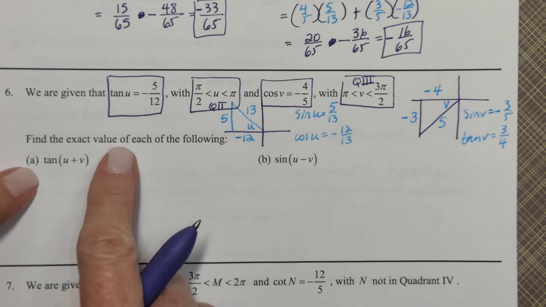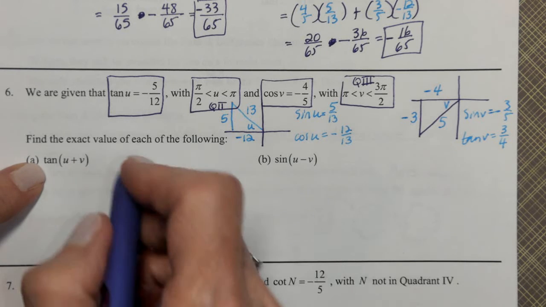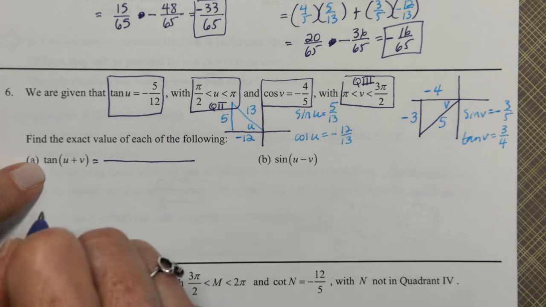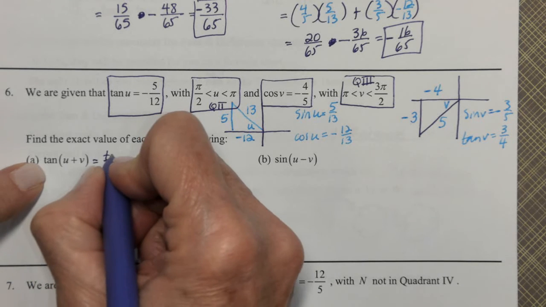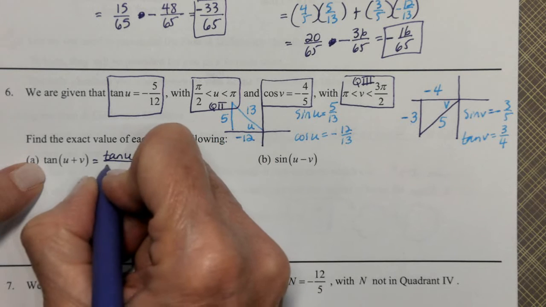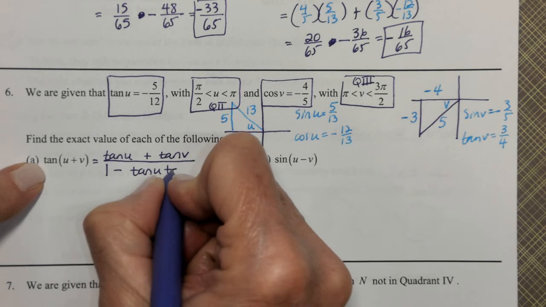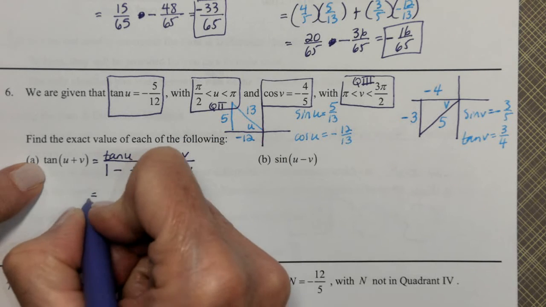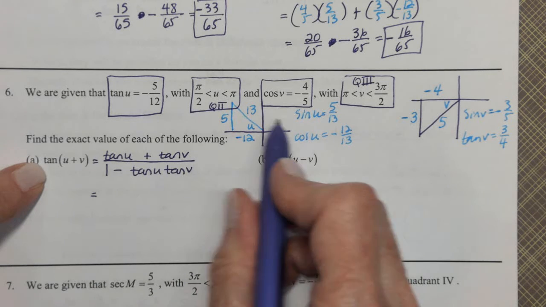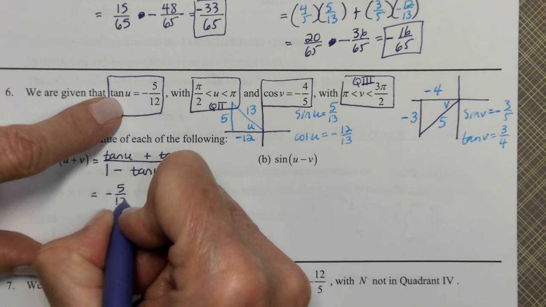Okay, find the exact value of each of the following. We start off with tangent of u plus v. Well, my tangent equation is the more complicated one. That is tangent u plus tangent v on top, and on the bottom, 1 minus that product, tangent u tangent v. Tangent of u, we were given, was negative 5 over 12.